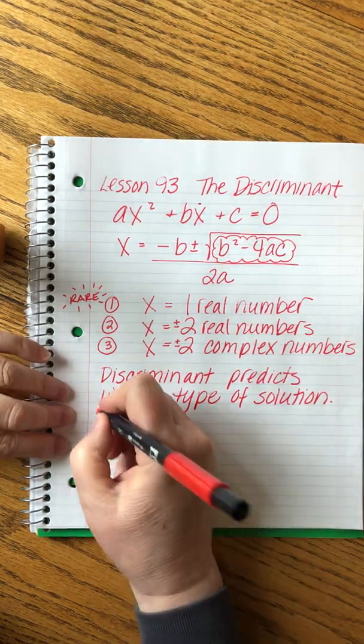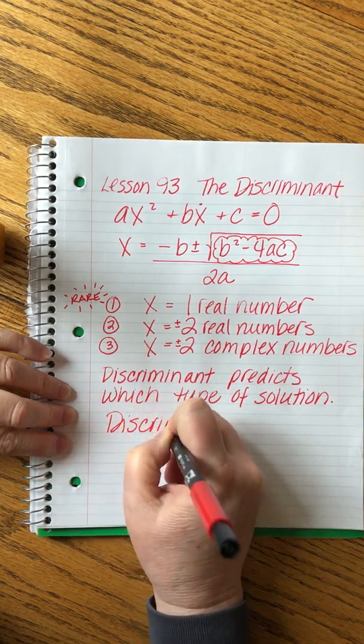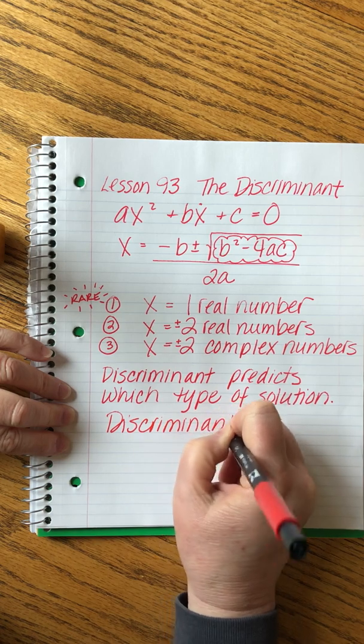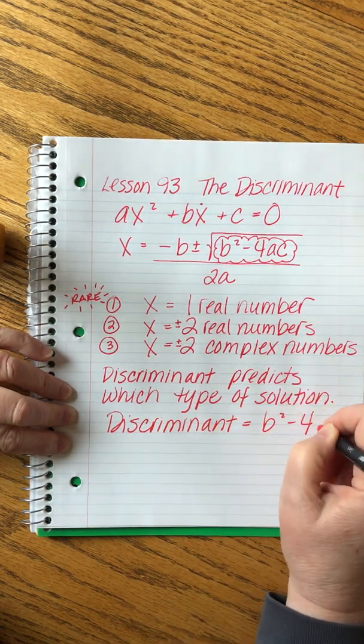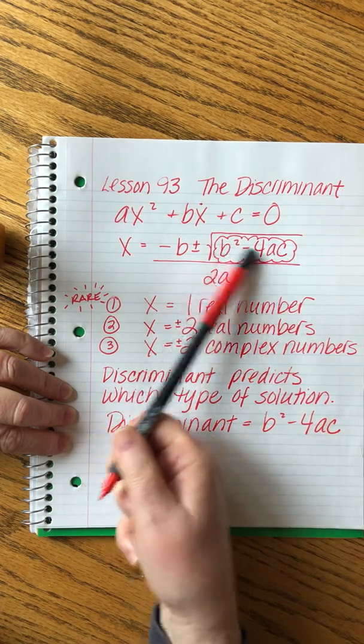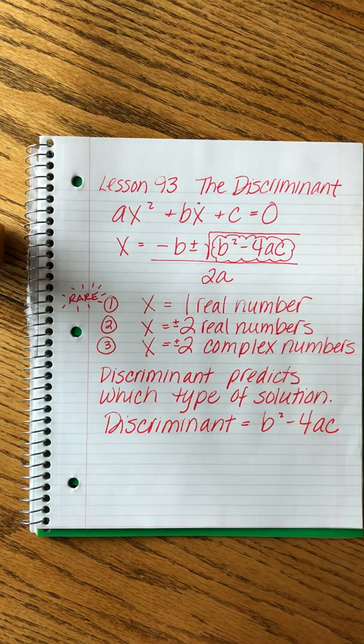We say the discriminant equals b squared minus 4ac, which is exactly what that is, right? Not the square root part, just the pig, okay?